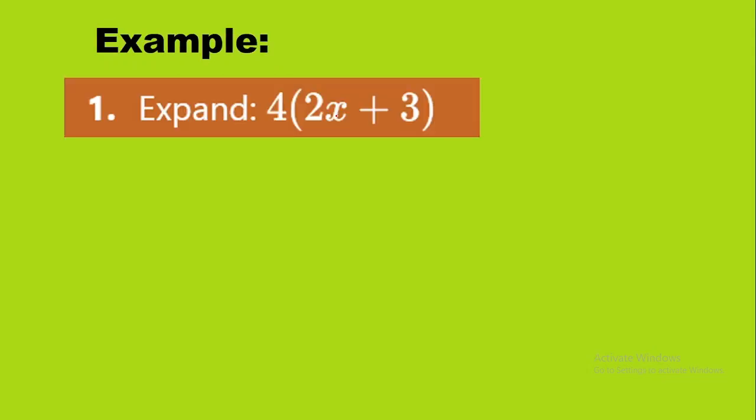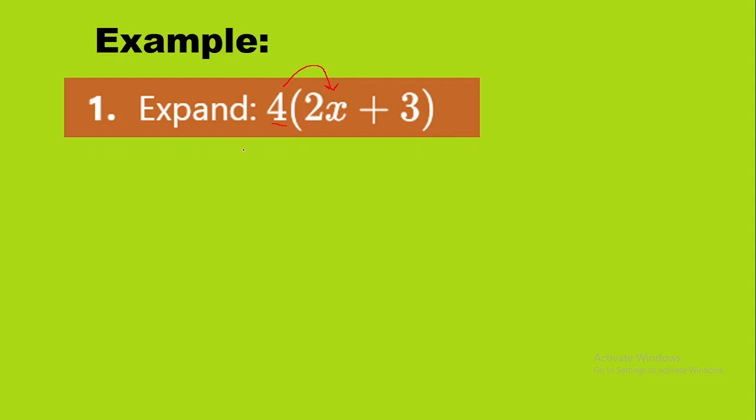This is our first example, number 1, which we're expanding. We have 4 outside of the bracket, and inside the bracket we have 2 terms: 2x, and plus 3. Put simply, you multiply whatever you have outside the bracket, the 4, and distribute it to each term inside.